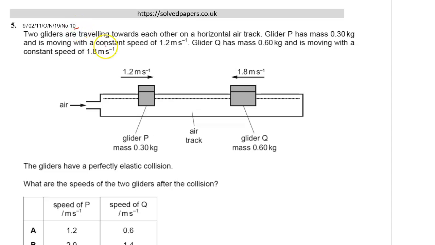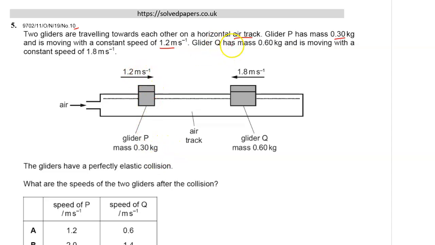Okay. Two gliders are traveling towards each other on a horizontal air track. The air track is assumed to be frictionless. Glider P has a mass of 0.30 kilogram and is moving with a constant speed of 1.2 meters per second.